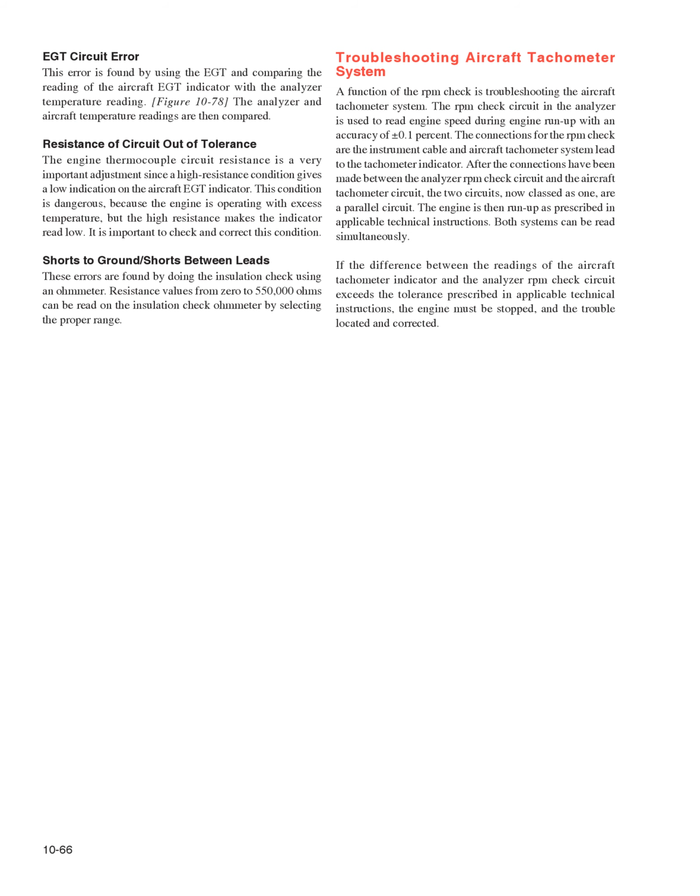After the connections have been made between the analyzer RPM check circuit and the aircraft tachometer circuit, the two circuits, now classed as one, are a parallel circuit. The engine is then run up as prescribed in applicable technical instructions. Both systems can be read simultaneously. If the difference between the readings of the aircraft tachometer indicator and the analyzer RPM check circuit exceeds the tolerance prescribed in applicable technical instructions, the engine must be stopped and the trouble located and corrected.